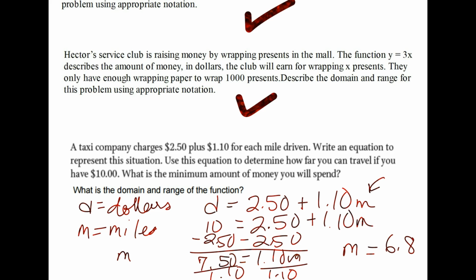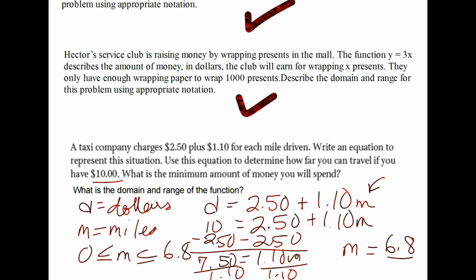I can go 1.2 miles. I can go 1.8 miles. We can use inequalities. So M is going to be greater than or equal to, what's the least amount of miles you can go? 0. You don't have to go anywhere at all. And according to this, with $10, I can only go 6.8 miles.